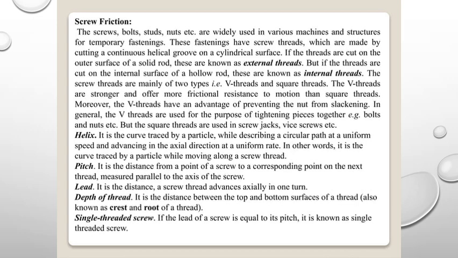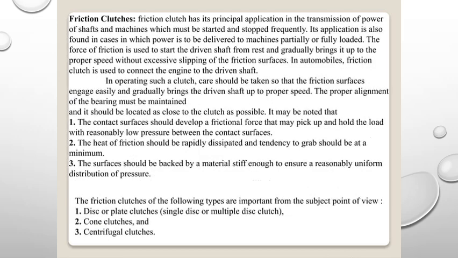We have helix, the curve traced by the particle, and pitch, which is the distance between a point on the screw and the corresponding point on the next thread, and lead, which is the distance the screw advances axially in one turn. Depth of thread is the distance between the top and bottom surface. And single thread screw, where the lead is equal to the pitch.